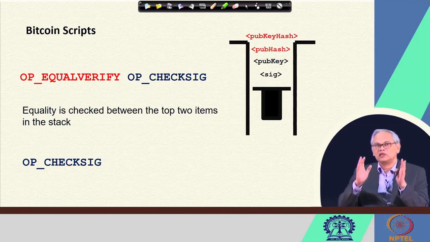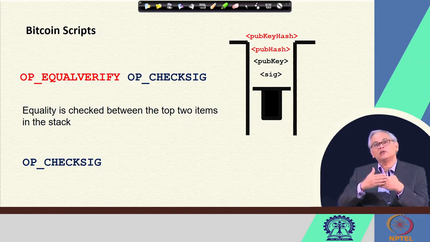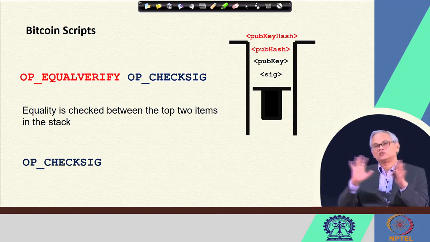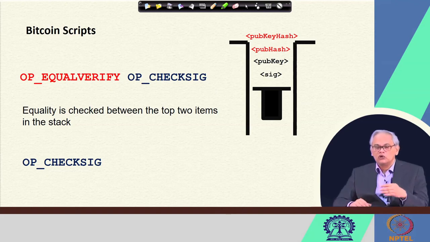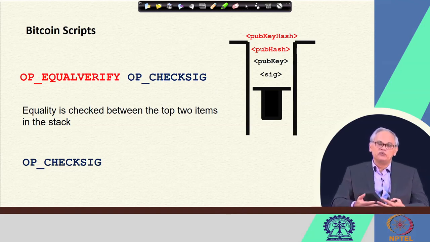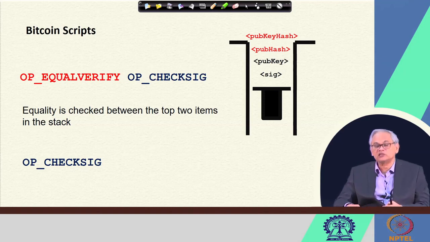Whenever we have operations which check for equality, the underlying processing is such that only if it returns true will you proceed, otherwise it will come out of it, meaning that these two do not match, and the claim that Bob is trying to make about those 40 bitcoins cannot be allowed to proceed. So this OP_EQUALVERIFY will check for equality between the pub key hash and the pub hash, and only if they match will it proceed to the next step.